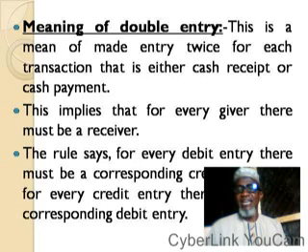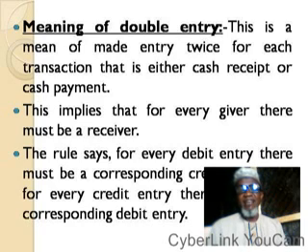So my dear students, once again, the rule says for every credit entry there must be a corresponding debit entry, and for every debit entry there must be a corresponding credit entry. That is the rule. At your level you have to master it.